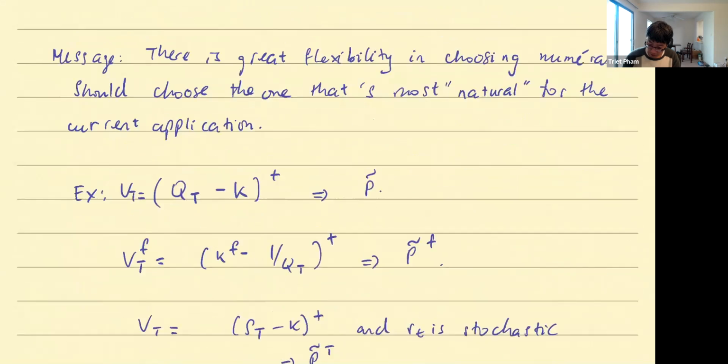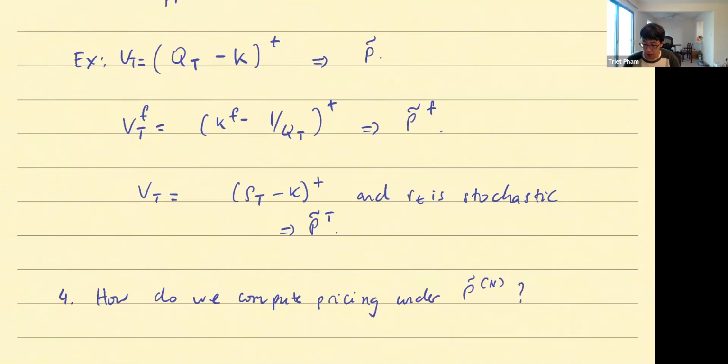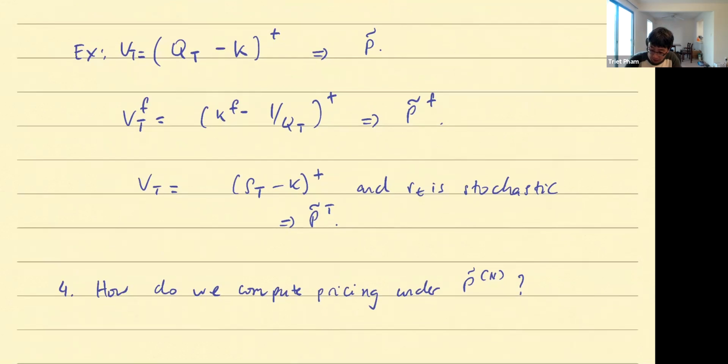Question number 4: how do we compute pricing under P tilde N? So remember, abstractly, change of numeraire only says this.